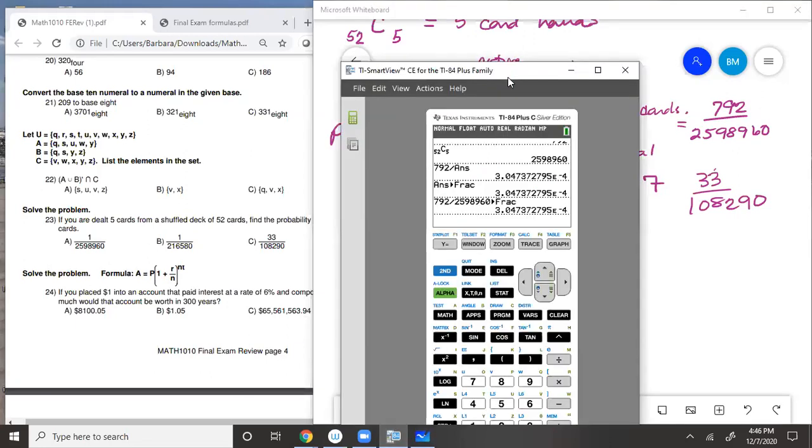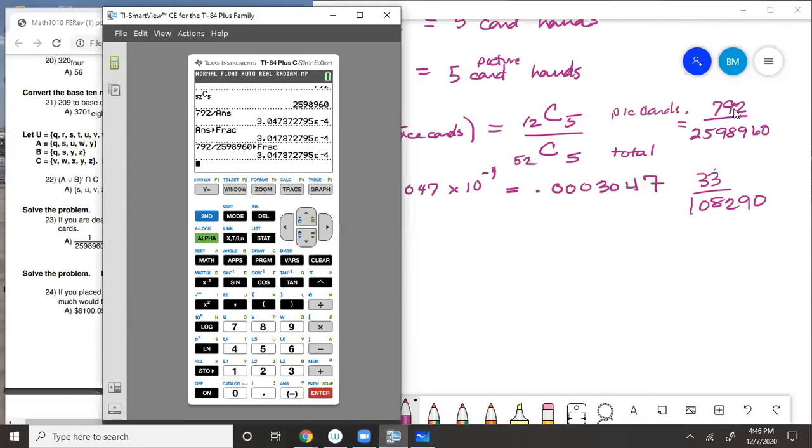So we're going to divide both of them by 2, since they're both even. 792 divided by 2 is 396, and then 2,598,960 divided by 2, we get that number. And we can still divide by 2. Then 396 divided by 2 is 198, and we can still divide by 2. So we know that both of them are divisible by 8.